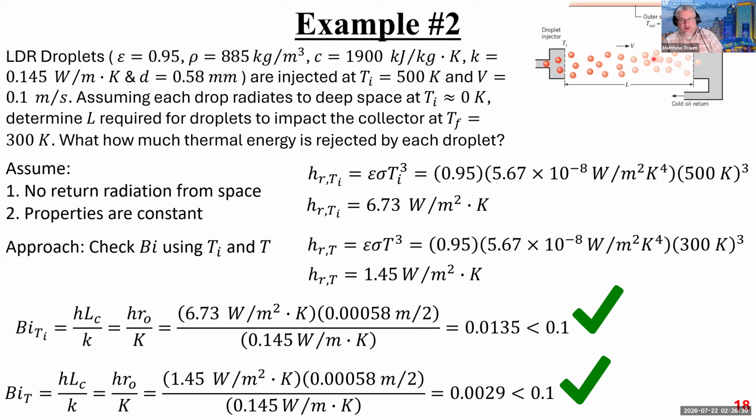So that's basically what I'm doing here by checking the Biot number for two different h values. I'm just making sure that for both the injector and the collector, I've got lumped capacitance.